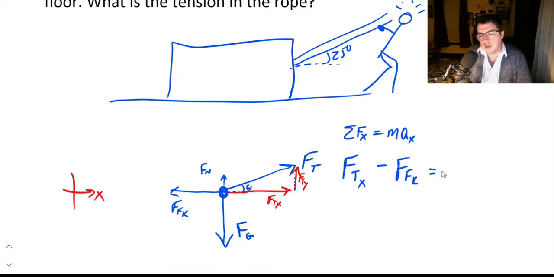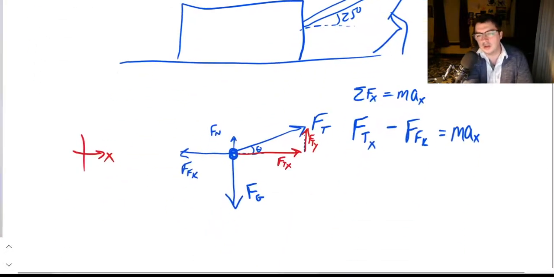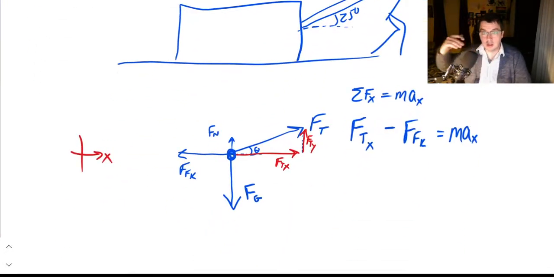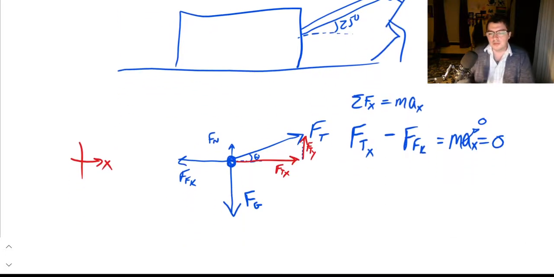That equals mass times the acceleration in the x direction, only because in this problem, again, we were told that we have a constant speed. We'll deal with friction and acceleration in a little bit, but we're just stressing the friction part of the friction problems, not necessarily the acceleration part. This is going to be 0, right, because we were told our acceleration was 0. What am I even asked for here? The tension in the rope, right?